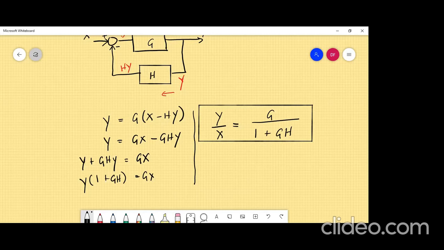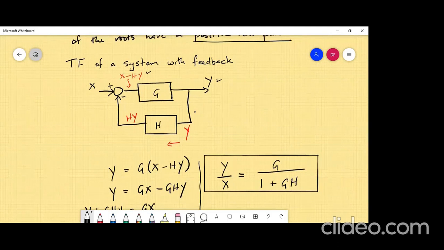Sir, one question there. Earlier in the diagram above, you said G is the forward term, that is, sir? Forward or lead, something like that, sir. No, you hear that in another class.